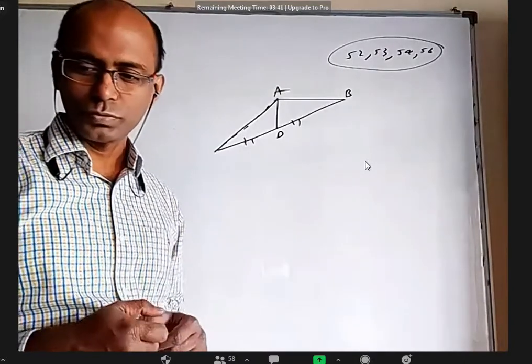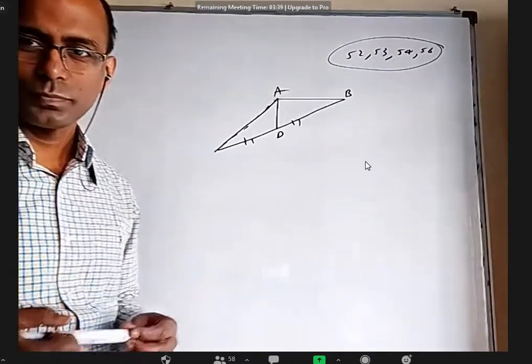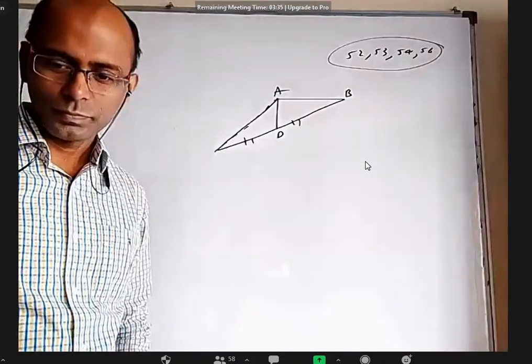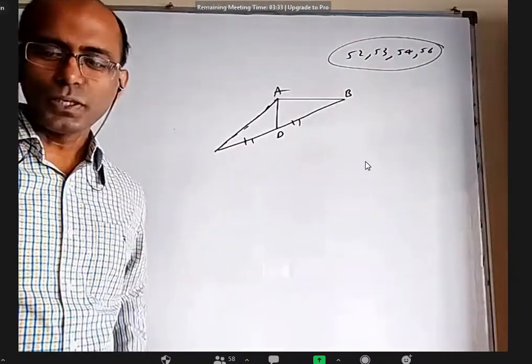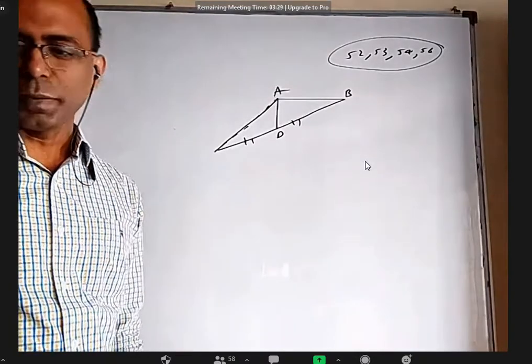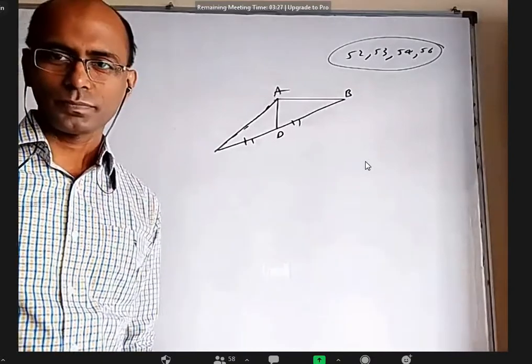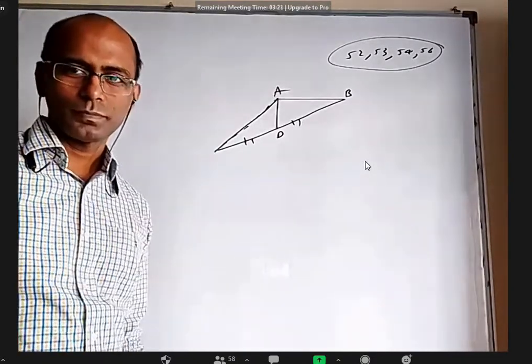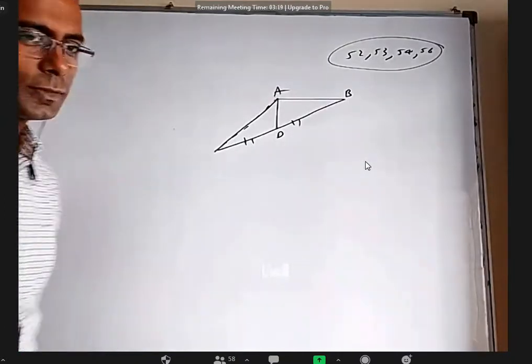Not to, through. Read 52. The median through A means through vertex A there is only one median and it is perpendicular to side AB. It is not median to, it is perpendicular to. Is it okay? All right.